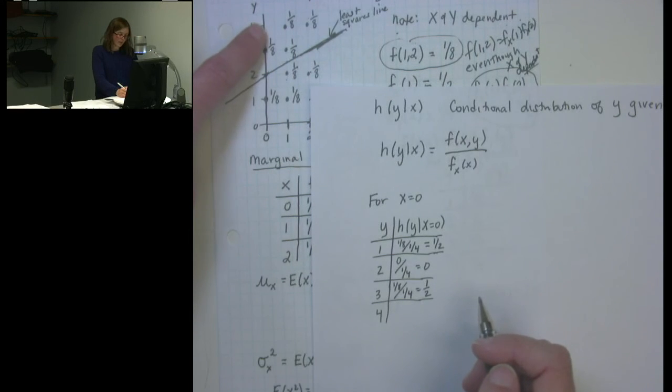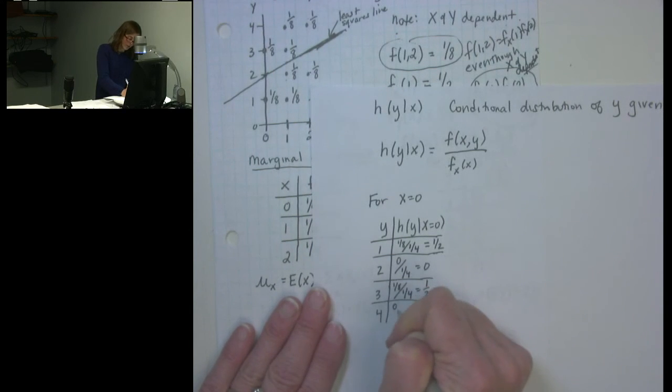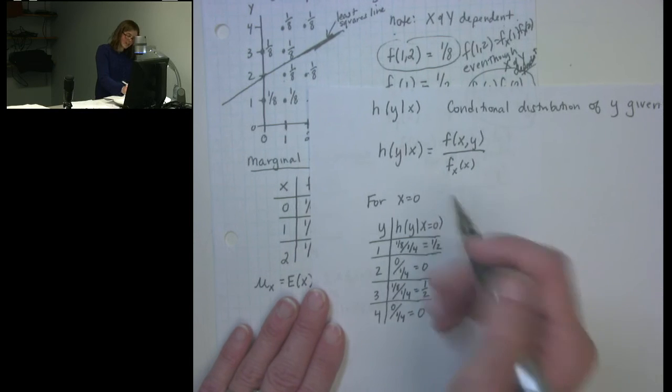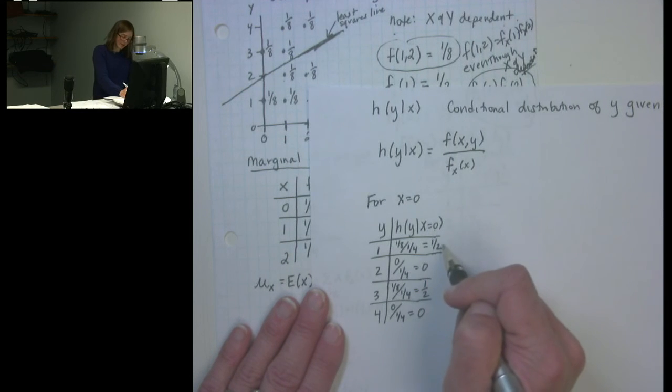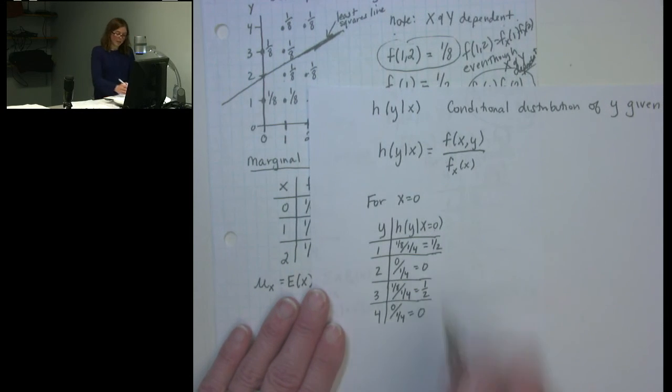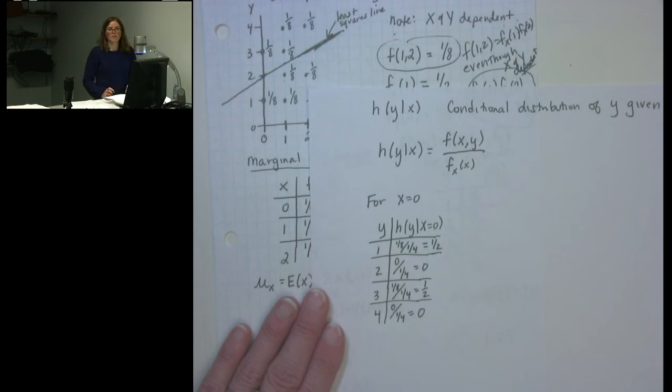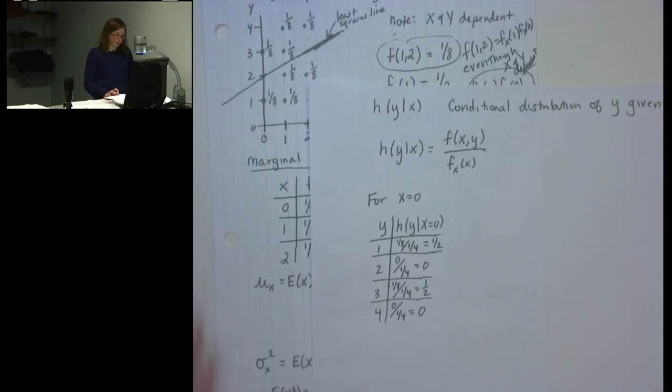And for 0, 4, there's no probability of that event occurring. So our conditional distribution of y, given that x is equal to 0, is given here. Notice that this is a probability mass function, so the probabilities have to sum to 1. 1/2 plus 1/2 equals 1.